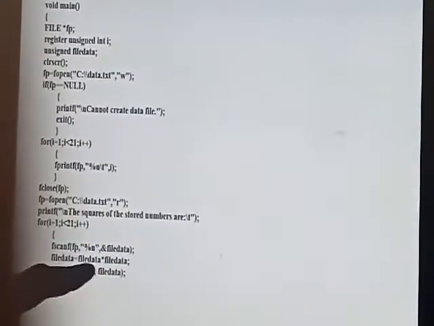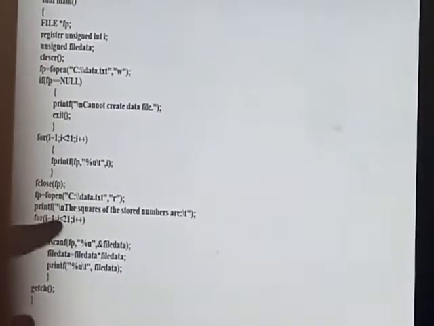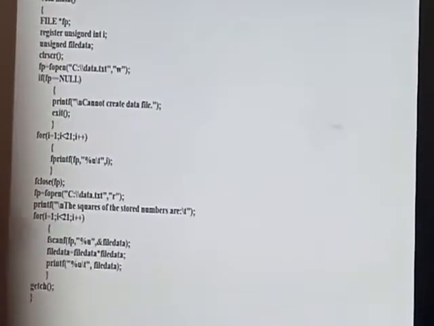After that I will be incremented to 2, so the file pointer will read the second data as 2, as you stored here as 2. So 2 into 2 is multiplied and 4 will be stored in file data, and that will be displayed. So for I reaching up to 20, the same function will be done.